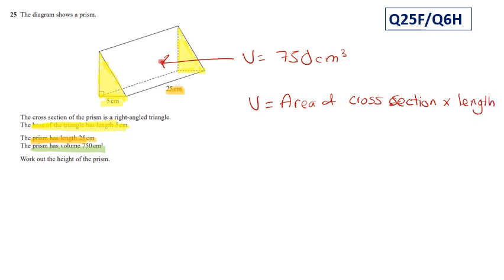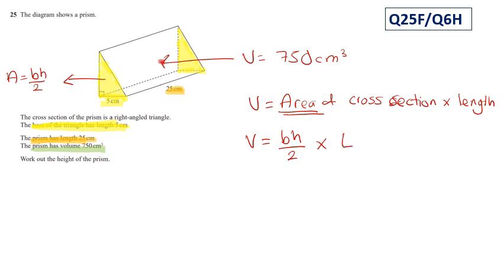Now, looking at this prism, the cross section is a triangle, and to work out its area we use the formula area equals base times height divided by 2. So I can rewrite that formula: volume equals base times height divided by 2 for that triangle, times by the length of the prism. So I'll just say L for the length.